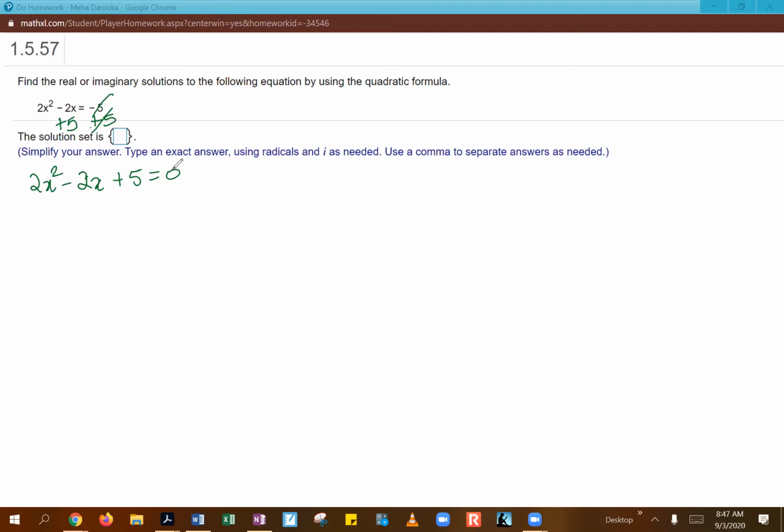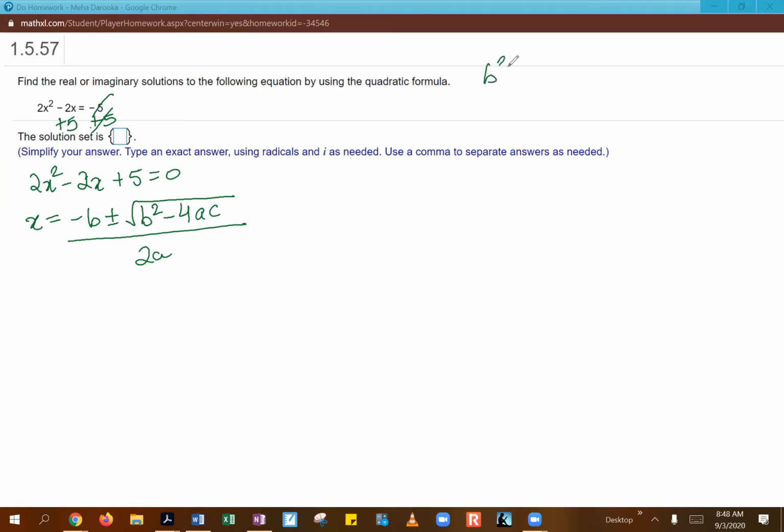So our quadratic formula is going to be x equals negative b plus or minus square root of b squared minus 4ac, and then the whole thing divided by 2a. But the first thing we're actually going to do is just look at our discriminant over here.